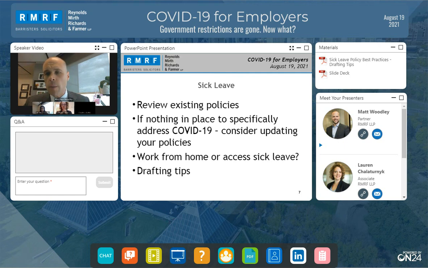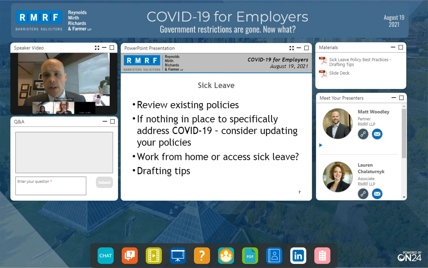Those are requirements that you will want to have in your toolkit for many months to come, and you want to make sure that any policy that you're putting in place doesn't make those requirements that would have been in COVID pandemic policies disappear. So think about what's going to happen to an employee who can't come to work because they're sick, and make sure that you are getting the policy language clearly communicated to your employees in advance.